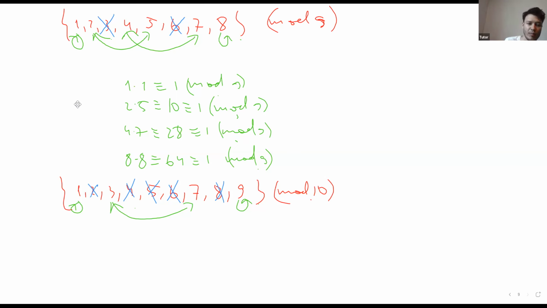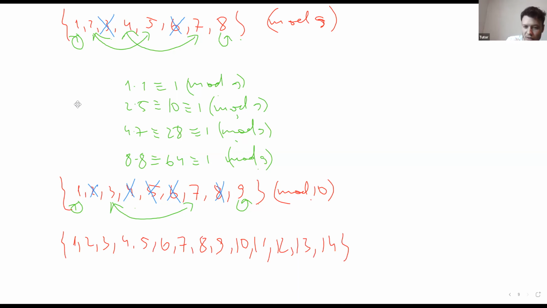What if we look at the numbers mod 15? 1, 2, 3, 4, 5, 6, 7, 8, 9, 10, 11, 12, 13, 14. So these are basically the remainders mod 15.